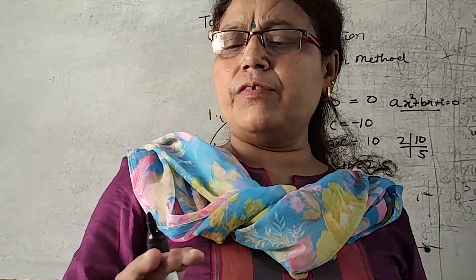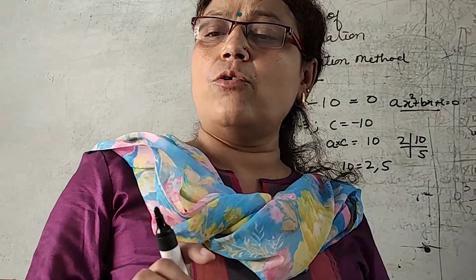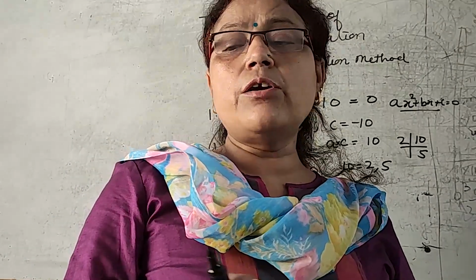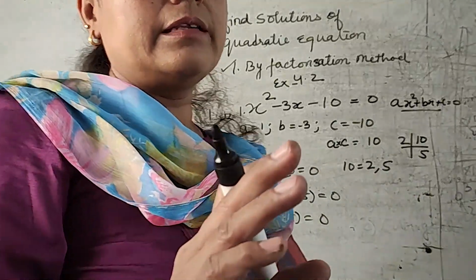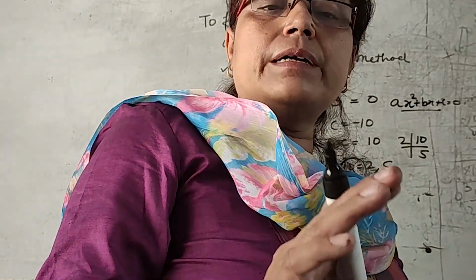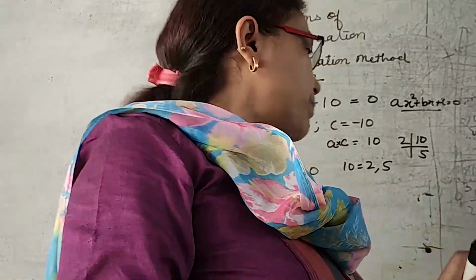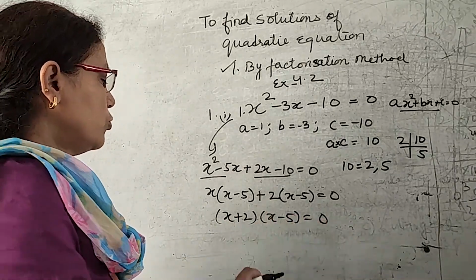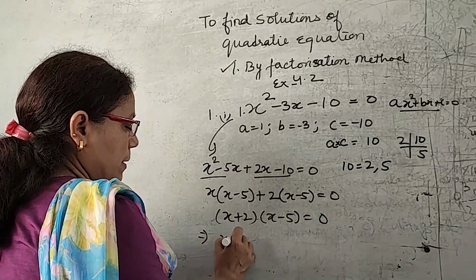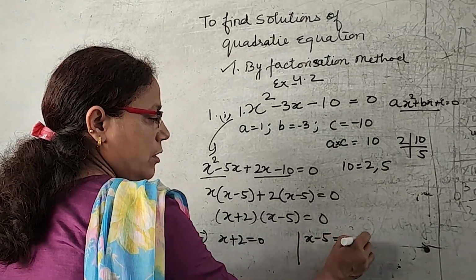Children, we already read in the first chapter that the product of two real numbers is 0 if and only if one of them is 0. It means you can see the product is 0, so this implies either x plus 2 equal to 0 or x minus 5 equal to 0.